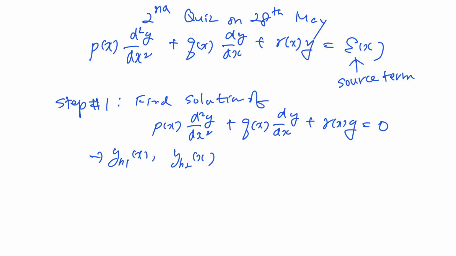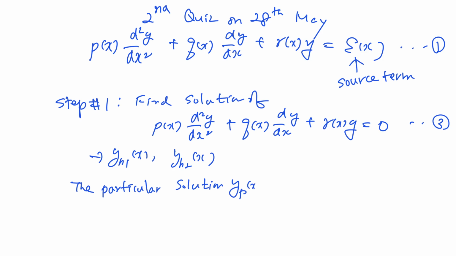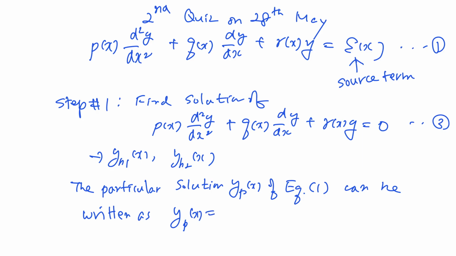Then the particular solution, say yp(x) of equation 1, can be written as yp(x) = u1(x) yh1(x) + u2(x) yh2(x).